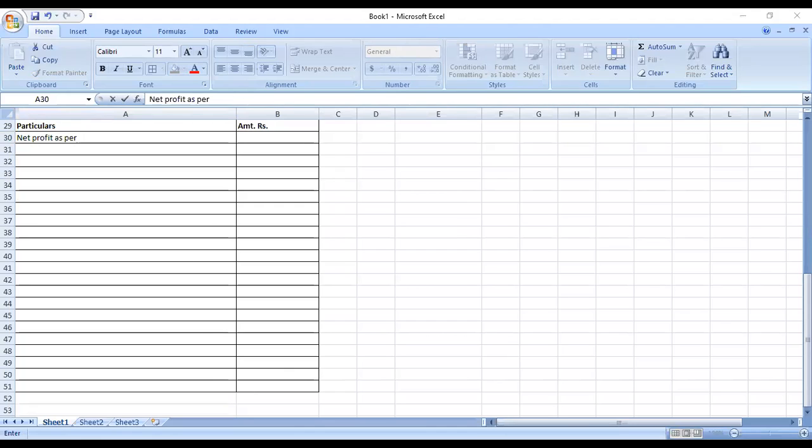So here is the net profit as per the financial accounts. You have to write financial accounts. That is already given. What is given in the problem? How much profit is given? 34,300.